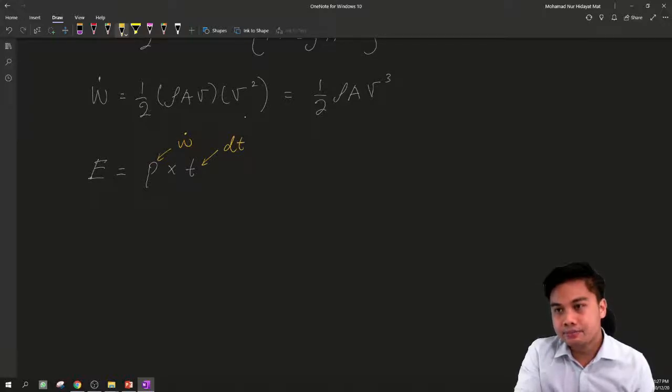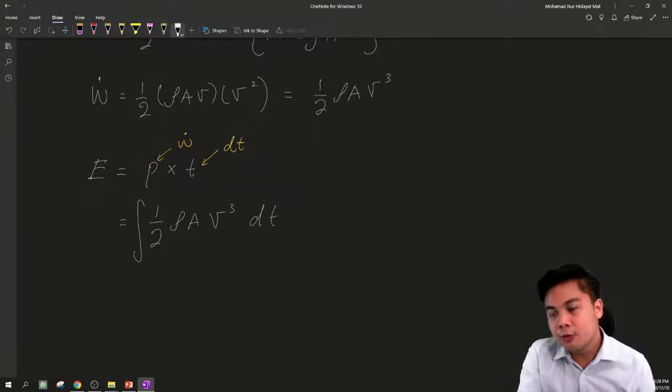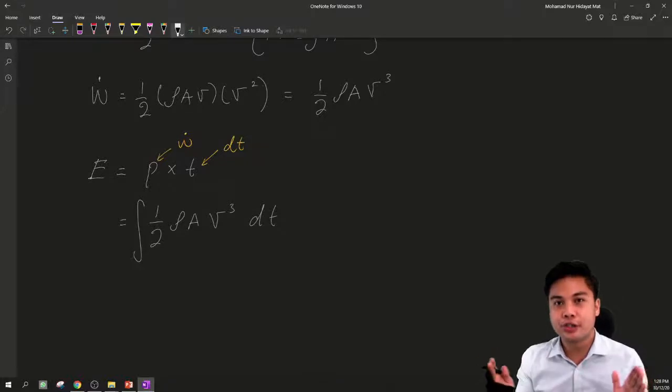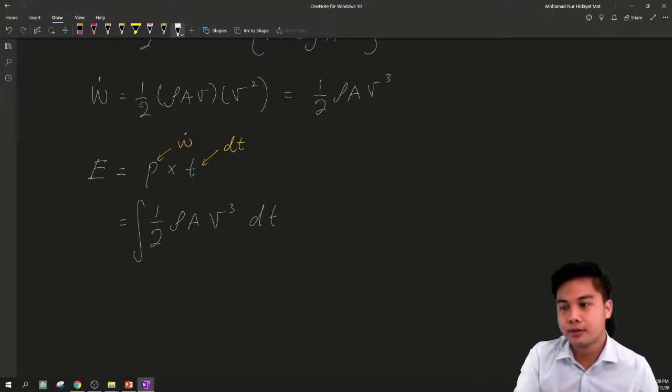We replace P with W dot, which is 1 over 2 rho A V cubed, times dt. Definitely we have dt. Integration is needed if you want to find the energy over a duration of time, from 0 to time.